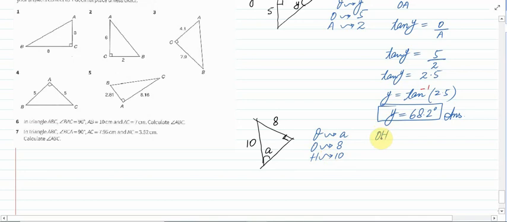Opposite and hypotenuse, O and H comes in sine. Sine, angle is A, opposite is 8 and hypotenuse is 10. It will be sine A is equal to 0.8 or A is equal to sine inverse of 0.8.